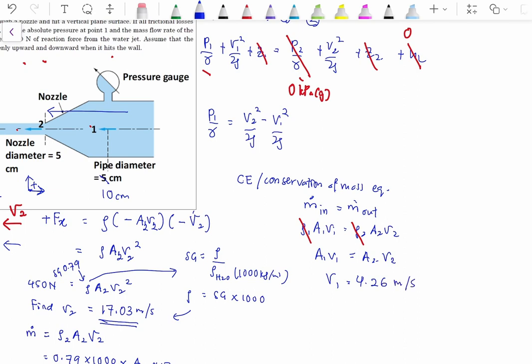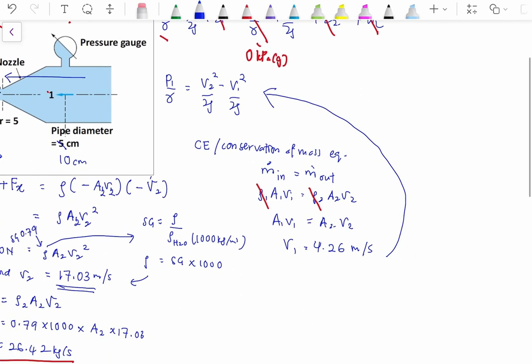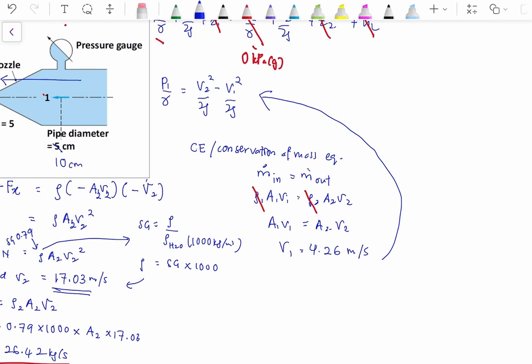meter per second. Okay, from there we go back to our Bernoulli equation here to solve for our P1. You substitute the values, your P1 would be equal to 107.4 kilopascal.